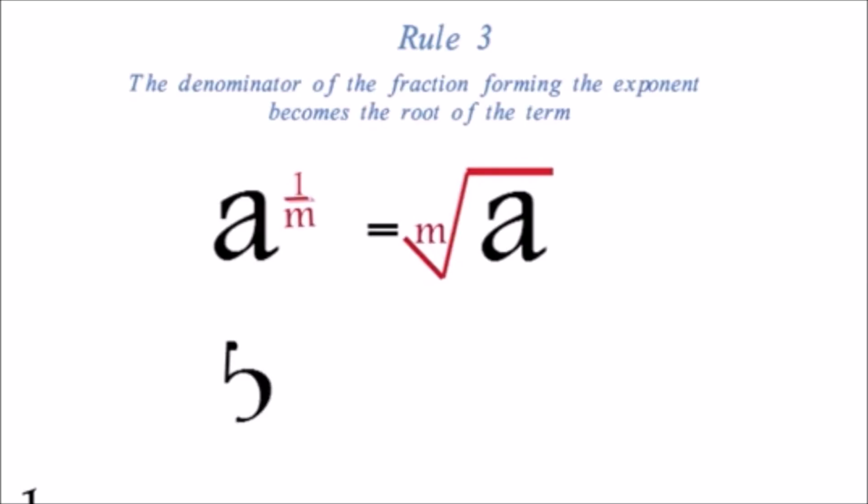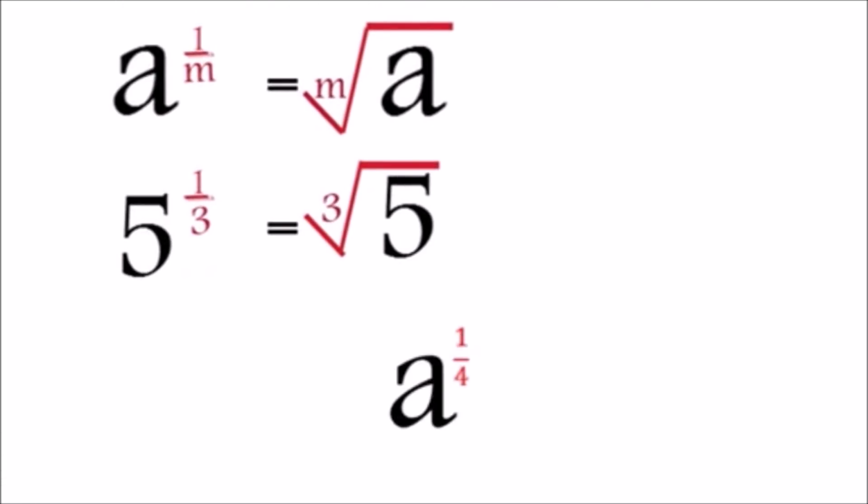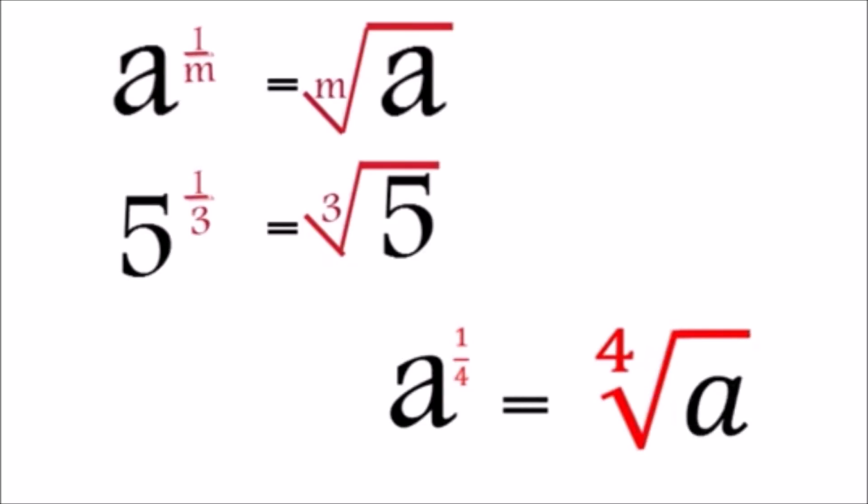Example: 5 exponent 1/3 equals the cubed root of 5. Notice how the 3 became the cubed root. Again, a exponent 1 over 4 equals the 4th root of a. Notice how the 4 became the 4th root.